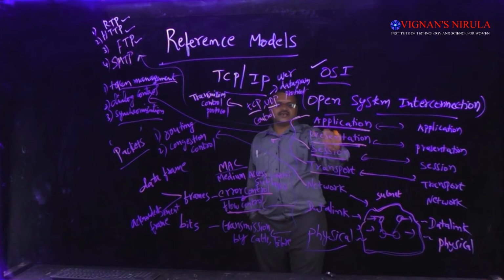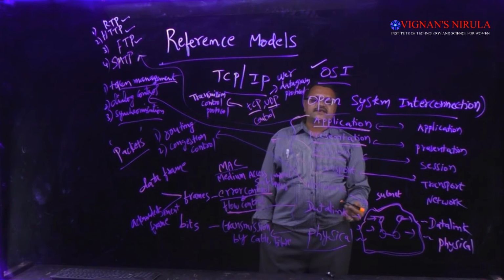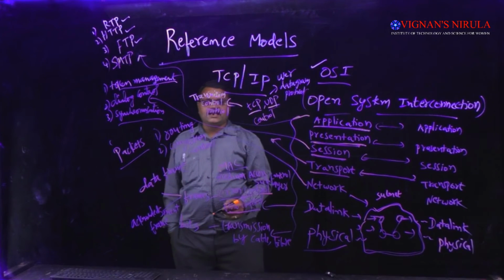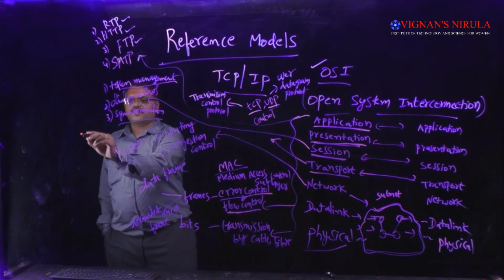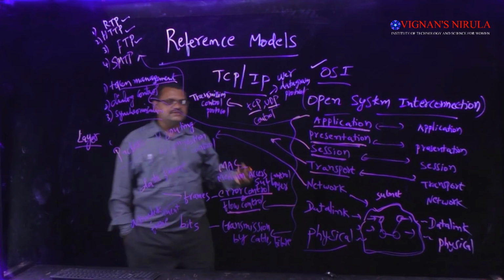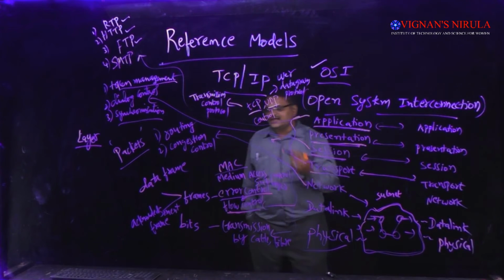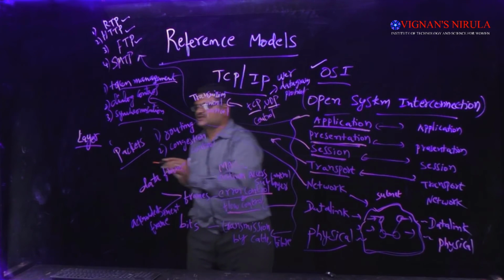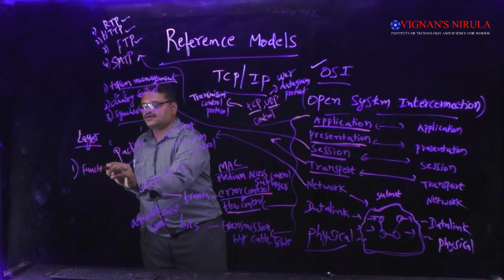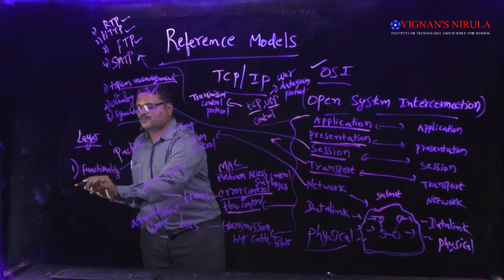So basically there are different layers. Before going into all these internals, what is a layer? Why is this layer structure suggested? Because each layer has a certain functionality. That is the first point: each layer has some specific function to perform.